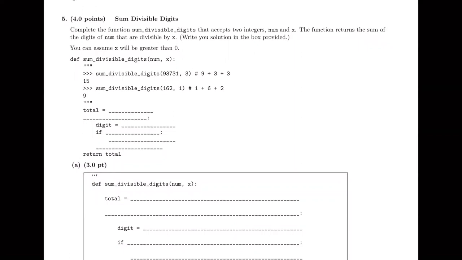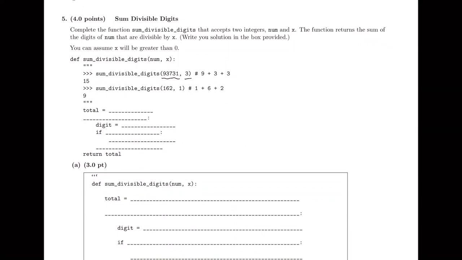Just taking a look at the doctest. We'll pass in some number like 93,731 here, and we'll have x, which is 3. We'll check every digit, and if it's divisible by 3, then we will add those digits together.